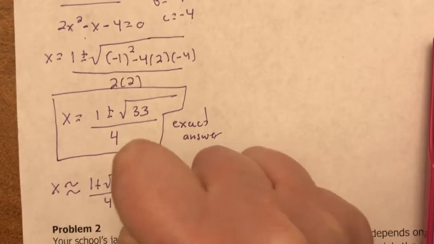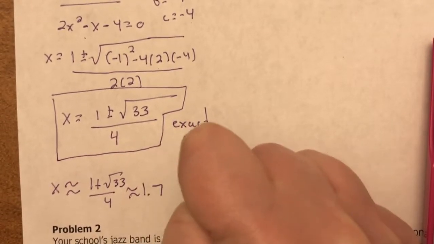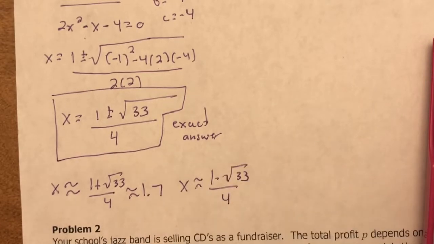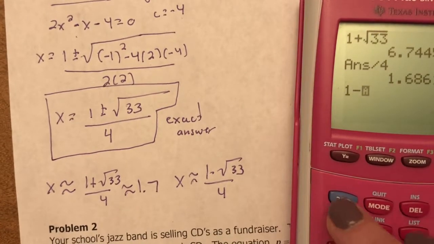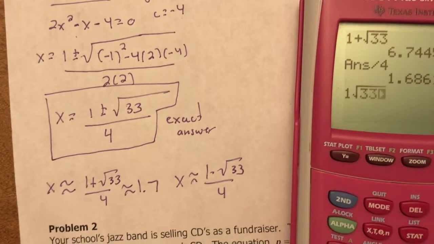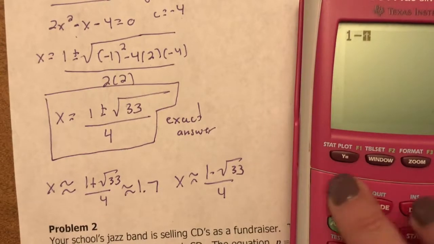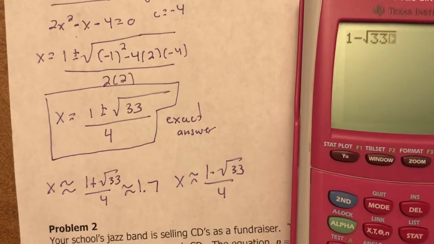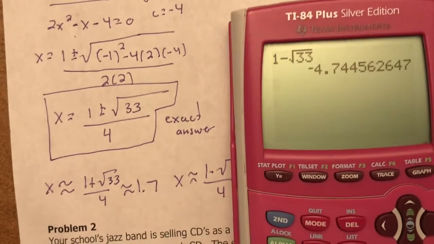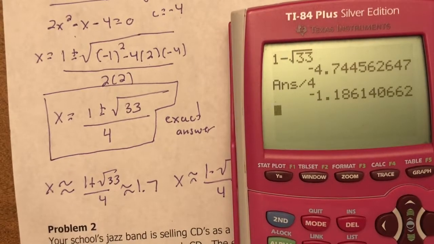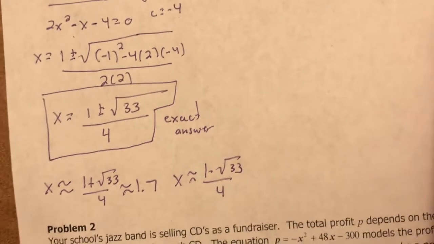And the other answer would be 1 minus the square root of 33 over 4. So you're going to do 1 minus the square root of 33, hit enter and then divide by 4, and you're going to end up with approximately negative 1.2.